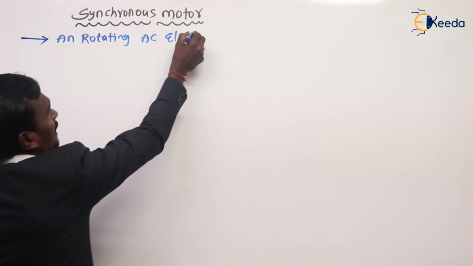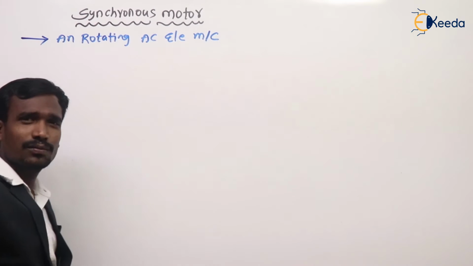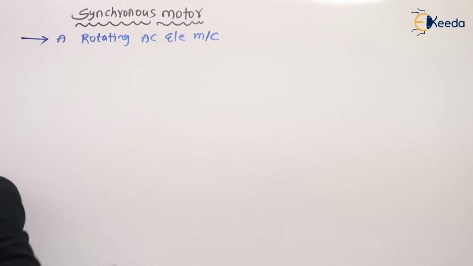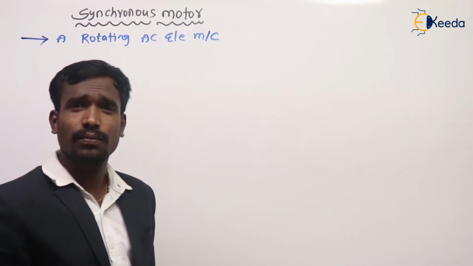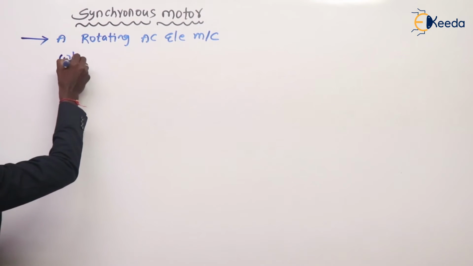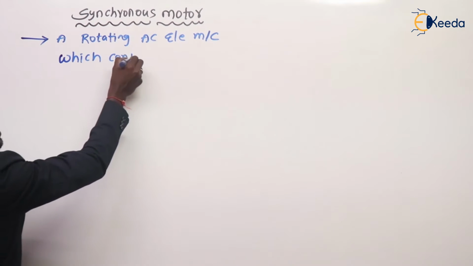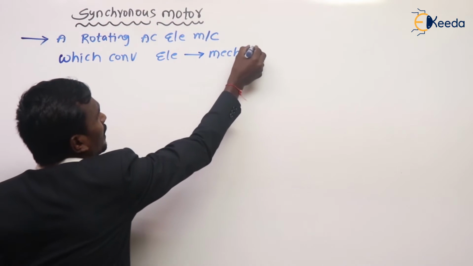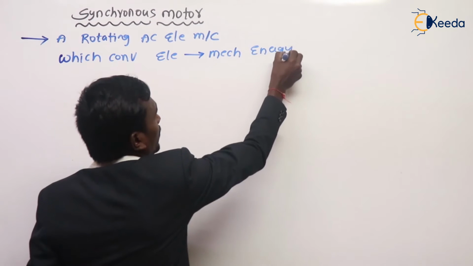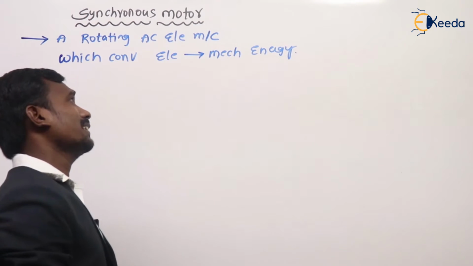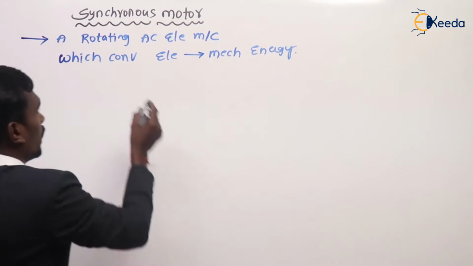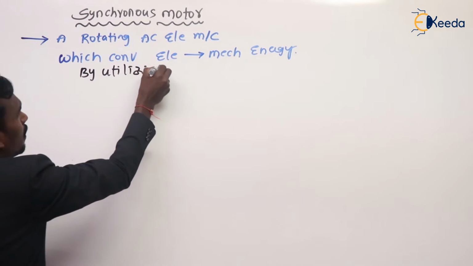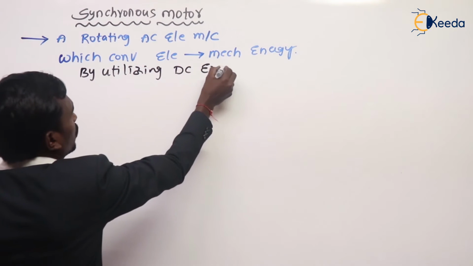A synchronous motor is nothing but a rotating AC electrical machine. What is it? It is a rotating AC electrical machine which converts electrical energy into mechanical energy by utilizing DC excitation.